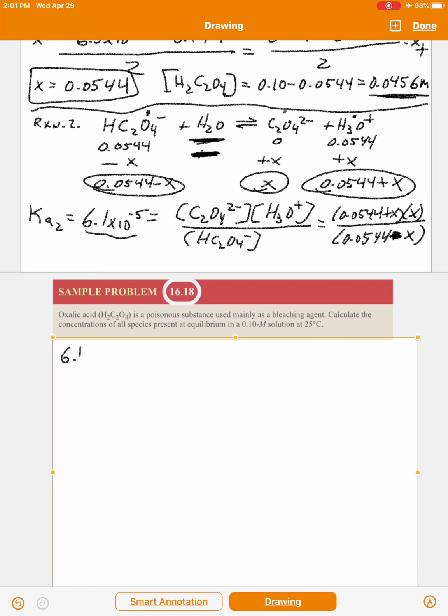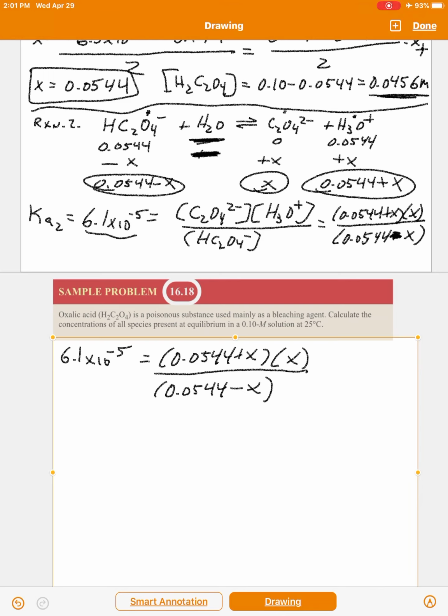Ka2 is 6.1 times 10 to the minus 5, 0.0544 plus X times X over 0.0544 minus X. Here's what happens. If X is going to be very, very small now, compared to 0.0544, we can simplify this, just like we've done before. We'll simplify it to 0.0544 times X. So I'm just getting rid of this X here and this one here.